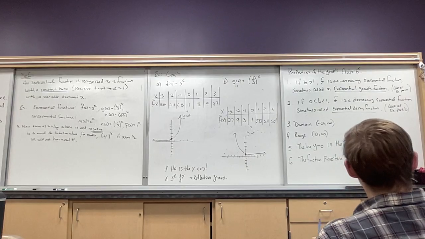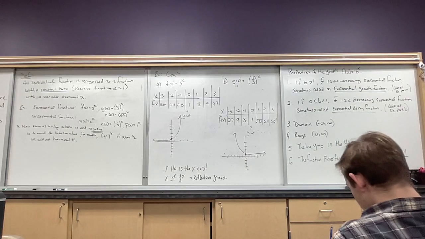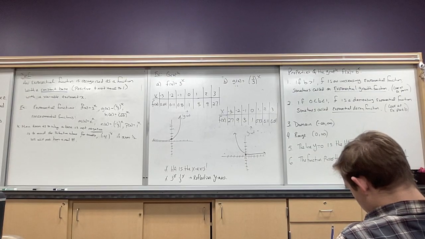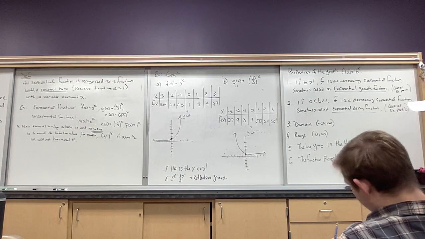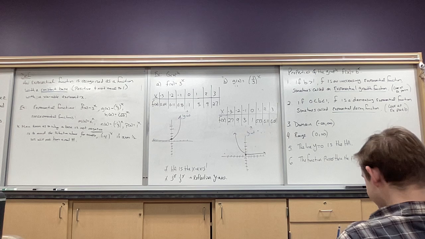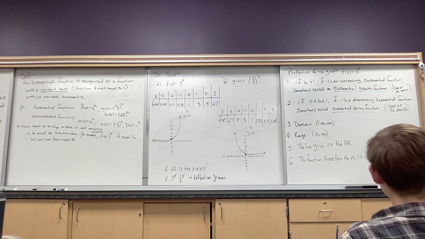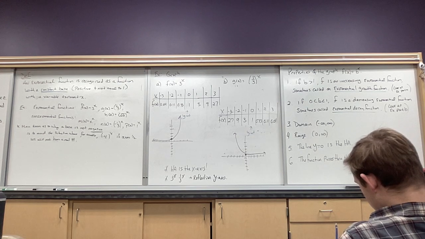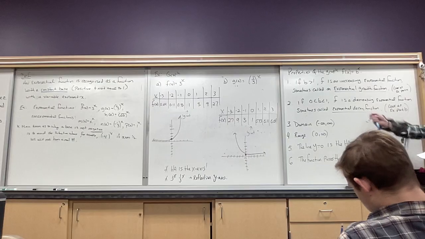Just using our exponent rules there. Okay? And these facts you can get from looking at both graphs, right? It's not like a revelation of any kind. The only thing that would be new to you guys is just hearing these two terms right here.